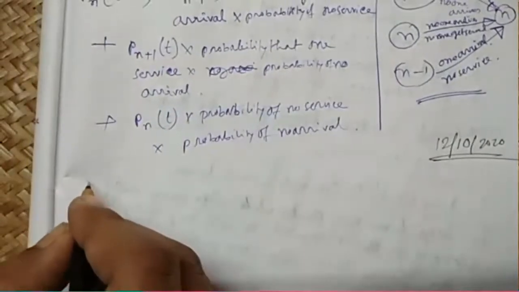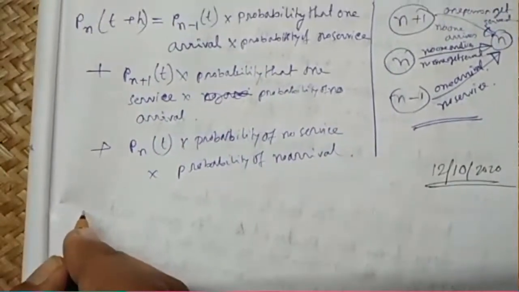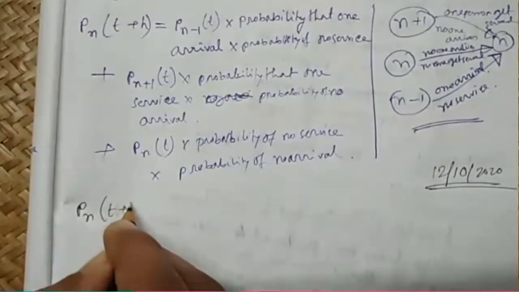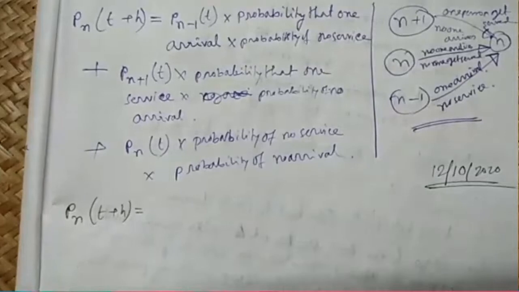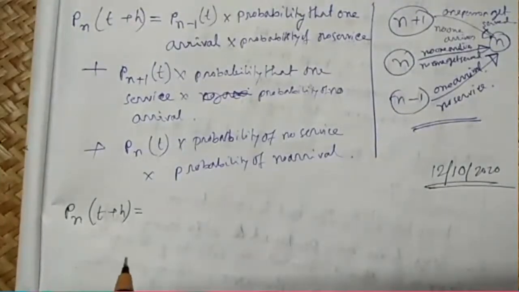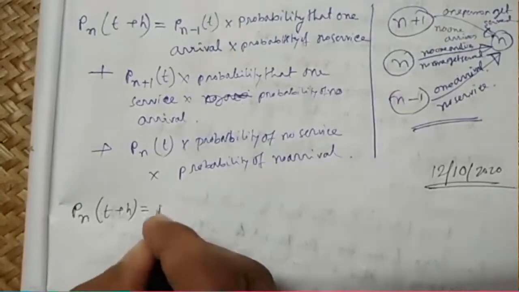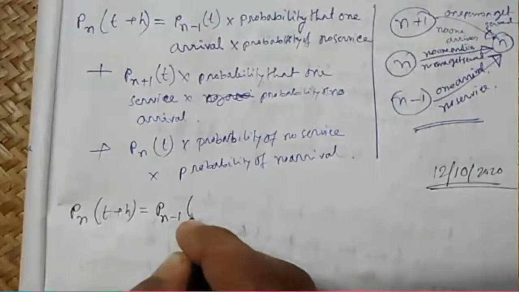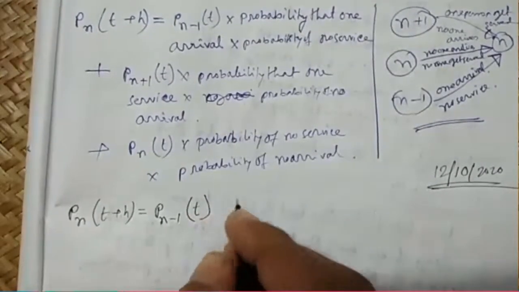So from the previous line here, we can write Pn at t plus h equal to the probability that there were n minus 1 persons in the system at time t, which is given by P suffix n minus 1 at time t.